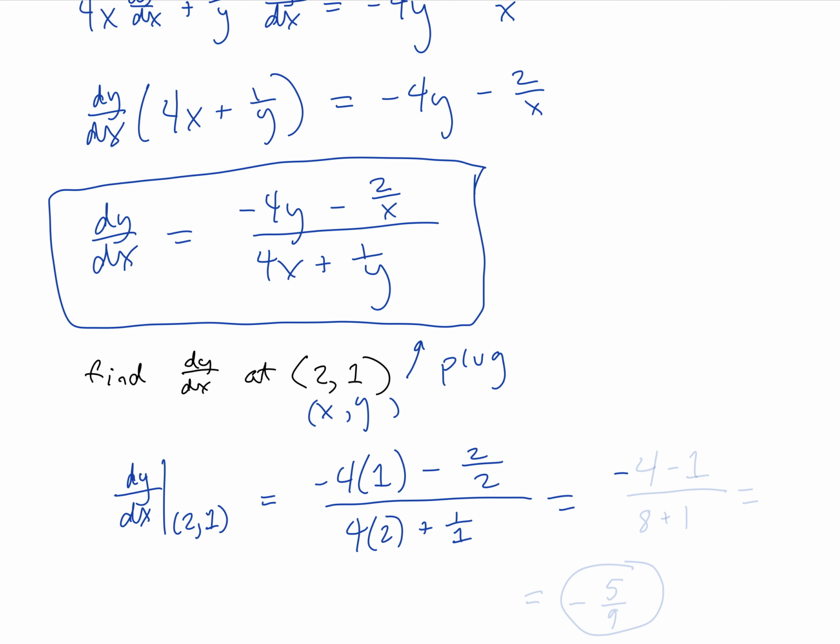I've got negative 4 minus 1 divided by 8 plus 1, so that is negative 5/9.